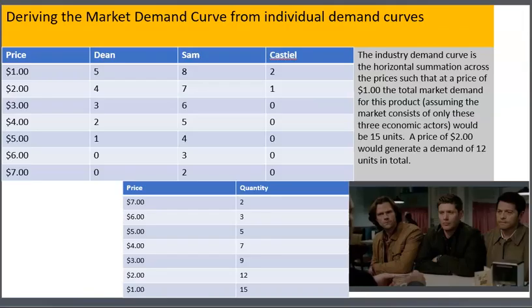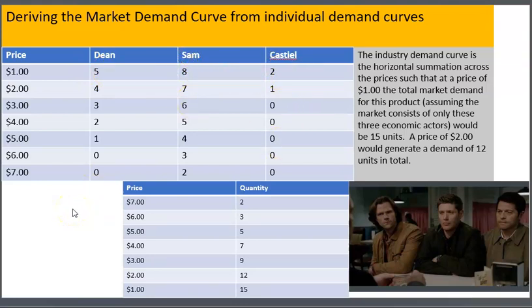Okay. And we can look at the market as a compilation of individual demand curves. So let's say we've got these three fine gentlemen here, and they each have different preferences for a particular product. At a price point of $1, Dean would purchase 5 units, Sam 8, Castiel 2.